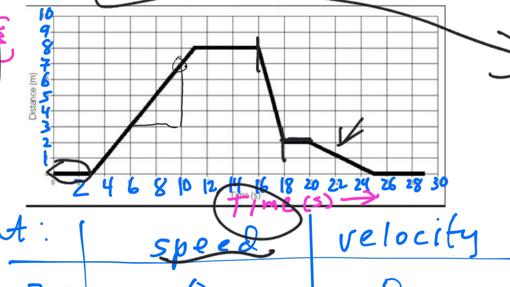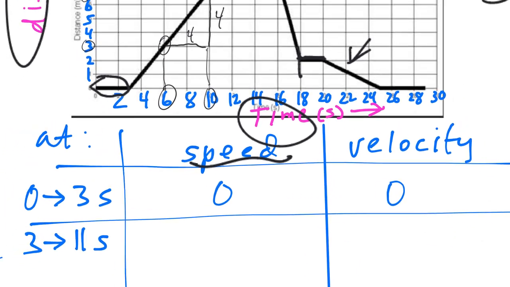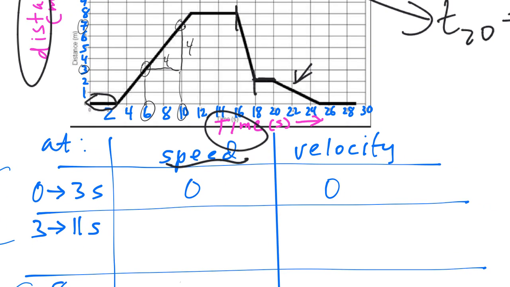So I'm gonna pick this corner of a box and this corner of a box. 7 minus 3 is 4 for the rise, and 10 minus 6 is 4. So the velocity would be 4 over 4, or 1 meter per second, and it's a positive 1.